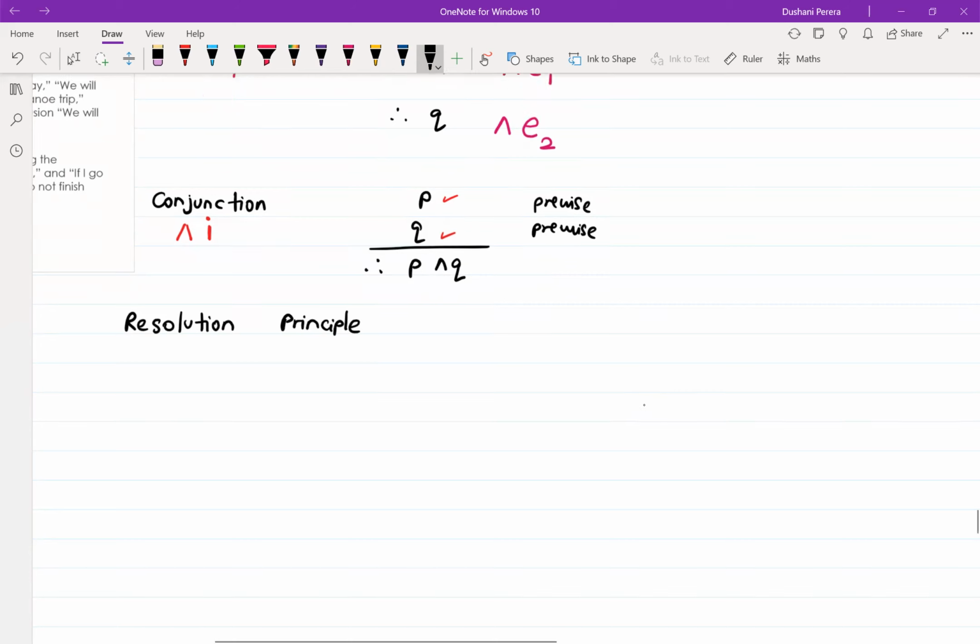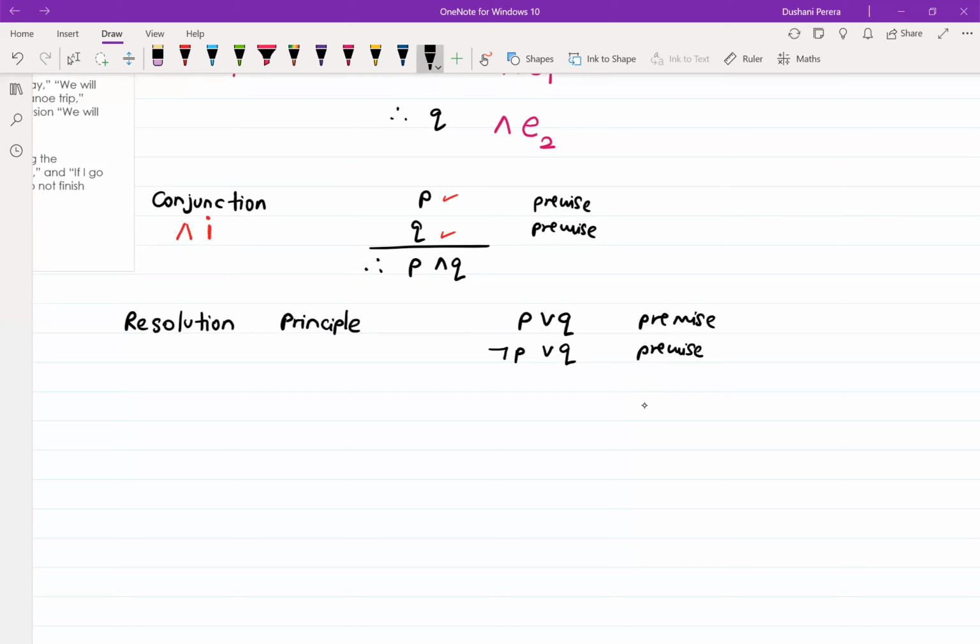So this says that if you are given P or Q as a premise, and if you are given that negation P or R is a premise, then what you do is you add them together and you say that Q or R is a conclusion.